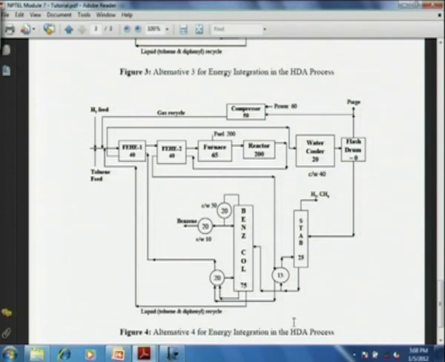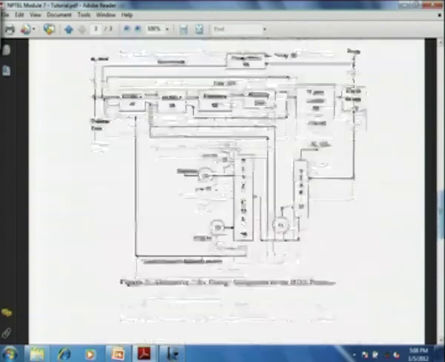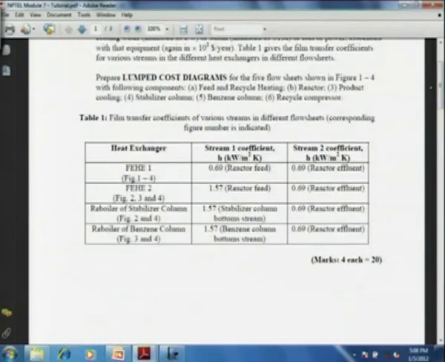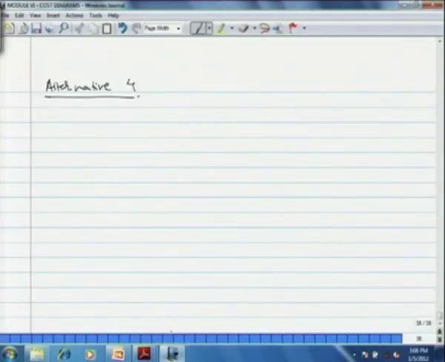So we have to distribute the cost. You have been given the film coefficients in the table, FEHE1 etc., reboiler of benzene column, reboiler of toluene column. Now you distribute the cost and then finally you can obtain a lumped cost diagram as follows.